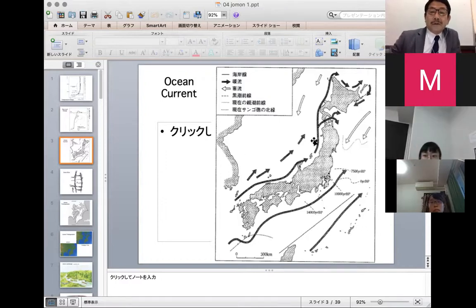The Japan Sea here was a kind of cold lake because the ocean level was down, and the straits, Tsushima Straits and Tsugaru Straits right here, were almost closed. It wasn't closed, but almost closed. And it was like a very cold lake.